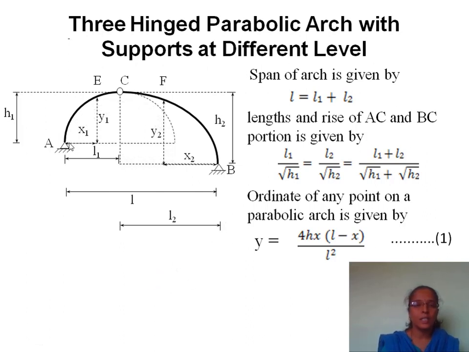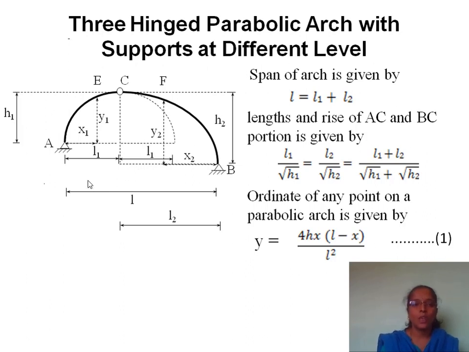let us complete this parabola for the AC portion, so that we have an imaginary point, a right point at the same level. If this is L1, then this distance is also equal to L1.